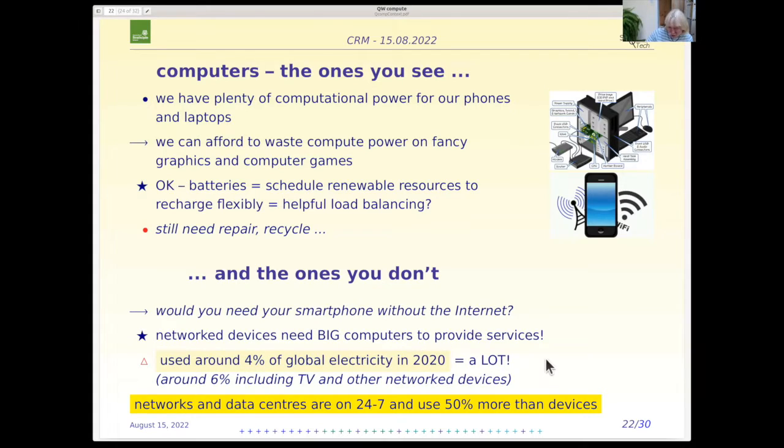That's a lot of resources in a world full of climate change and global warming. And if you include all the TV and other network devices and streaming, you get to 6% of our global electricity use being on phones and smart internet-connected devices. So I'll just leave that one there for a minute, about where quantum computers might be useful.